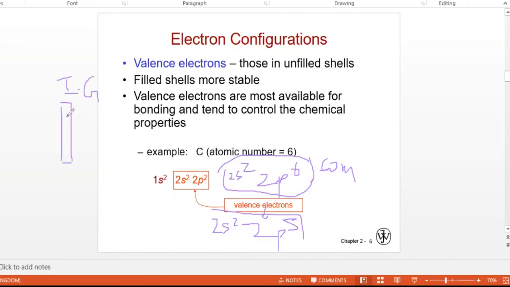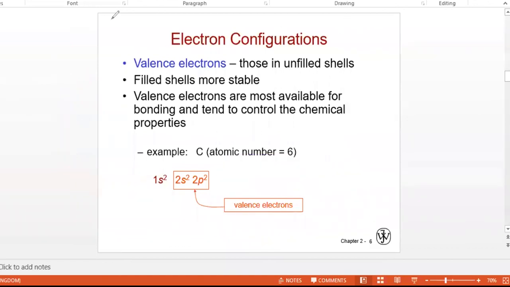We have helium, neon, argon, krypton, xenon. These are more stable because they have the last orbit filled, so there are no more valence electrons, right? This is why we pay much attention to valence number.